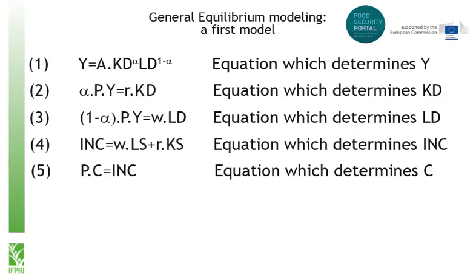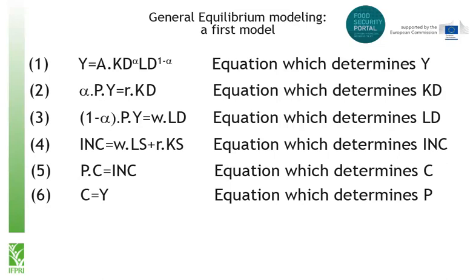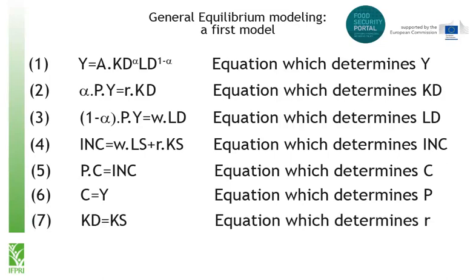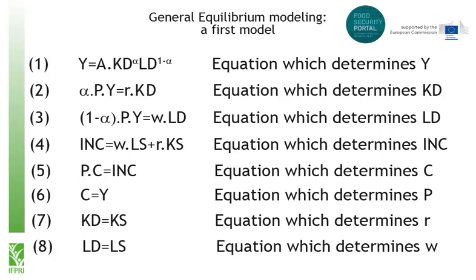So you know that an equation which says demand is equal to supply is an equation which determines a price. So we've got 3 equations that determine prices on each market. Equation 6 determines P, equation 7 determines R, and equation 8 determines W.